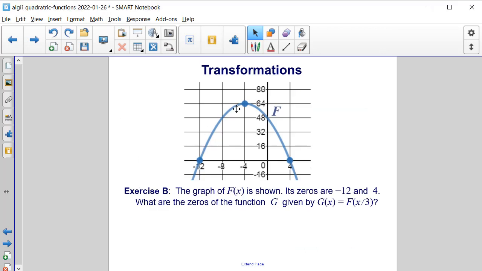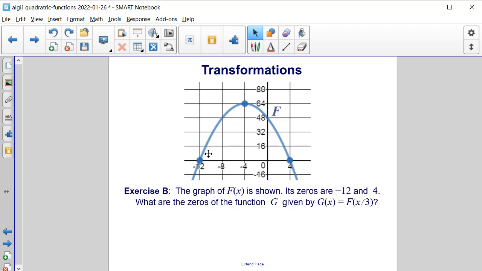The graph of f of x is shown. Its zeros are -12 and +4. What are the zeros of the function g, given that g of x is equal to f of x divided by 3? Well, this x divided by 3 represents a horizontal stretch.